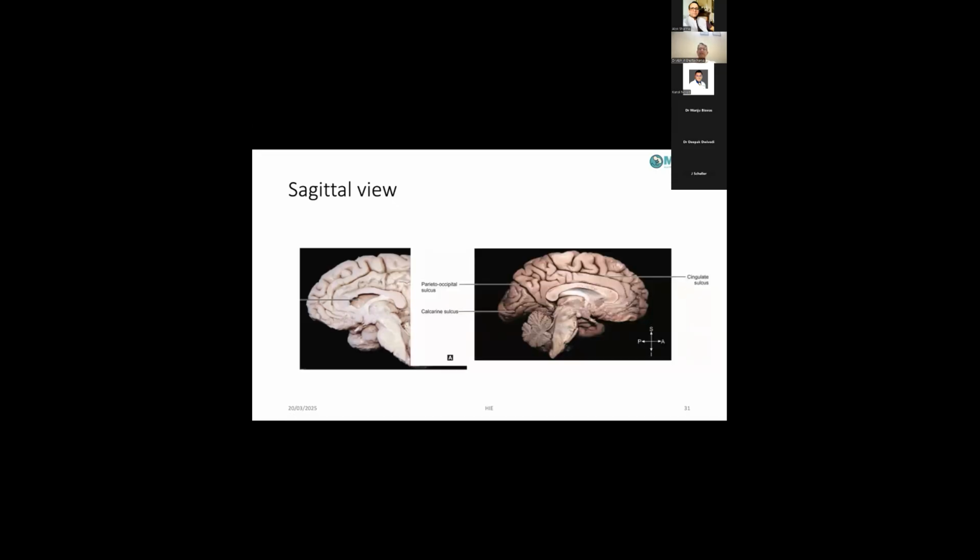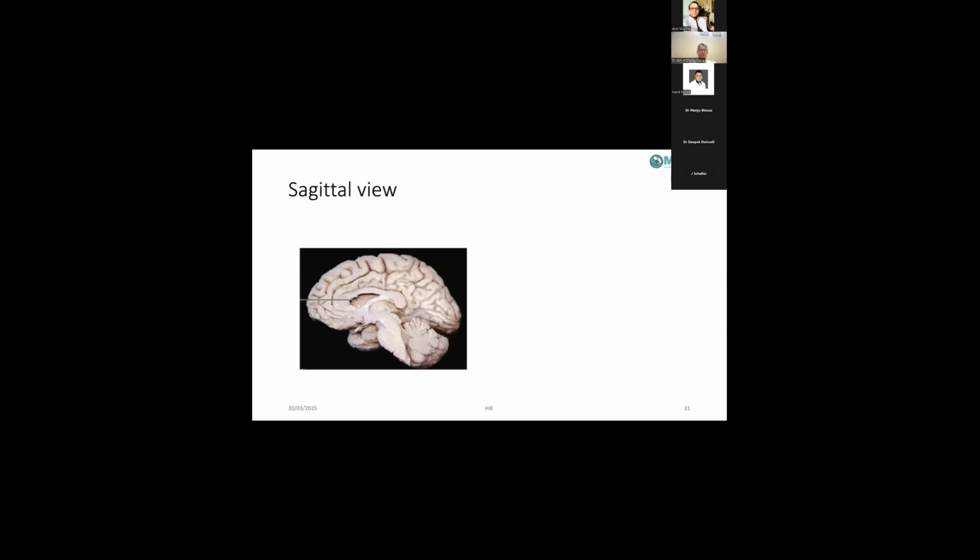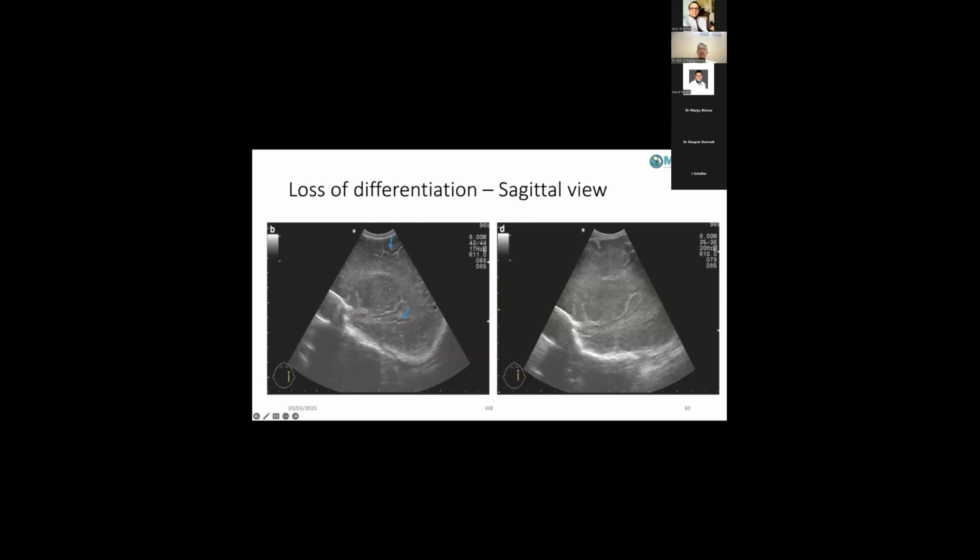In terms of the sagittal view, I was thinking of going through this anatomy, but I have seen that you guys have already been through it. But just one or two lines here. Cingulate gyrus is important, and the area adjoining that, the cingulate gyrus and cingulate sulcus, is the place where we're going to focus our scans. So whenever you're doing a scan of an HIE baby, your focus should be in this particular area.